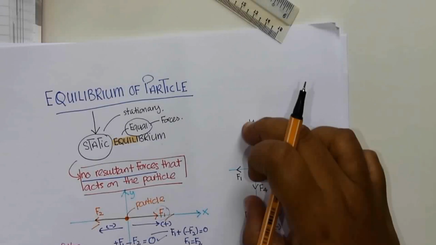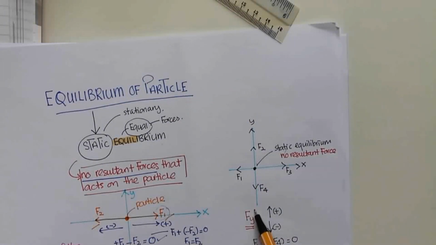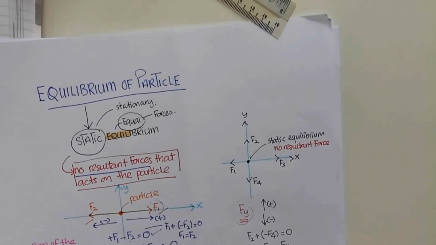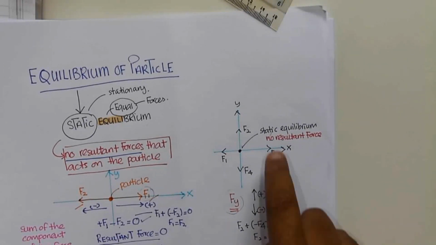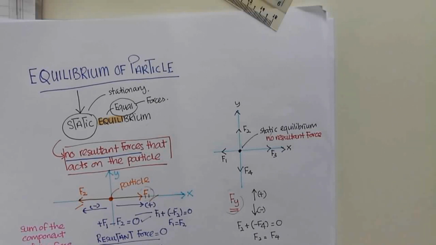Now I take this direction as positive, and here is negative. So the sum of the components F3 minus F1 is equal to 0. So F3 is equal to F1.